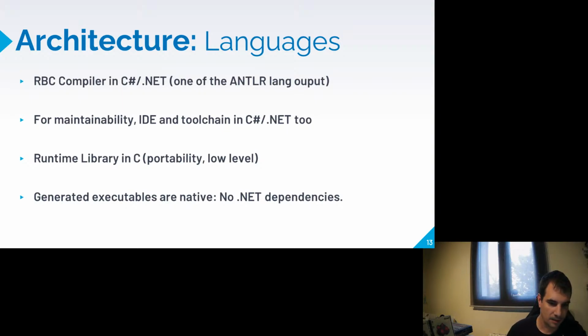So generated executables are native, there are no .NET dependencies. .NET is only required for the development environment, but when you deploy, when you distribute your executable, there are no dependencies at all.